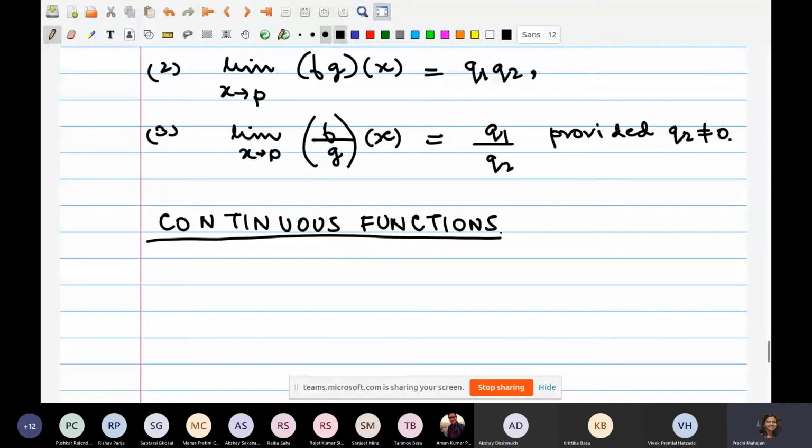So a function f from X to Y, from one metric space X to another metric space Y, when do we say such a function is continuous? We say that the function is continuous if it is continuous at each point of X. So we first turn to the definition of continuity at a point.